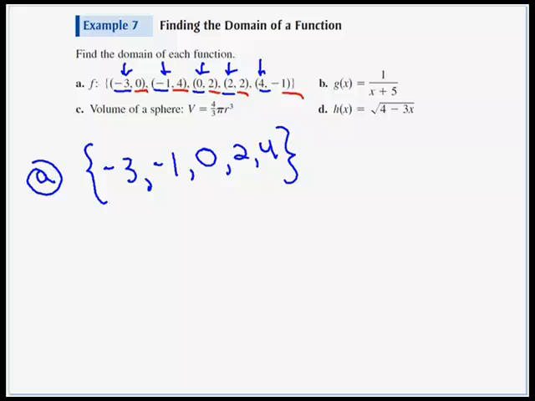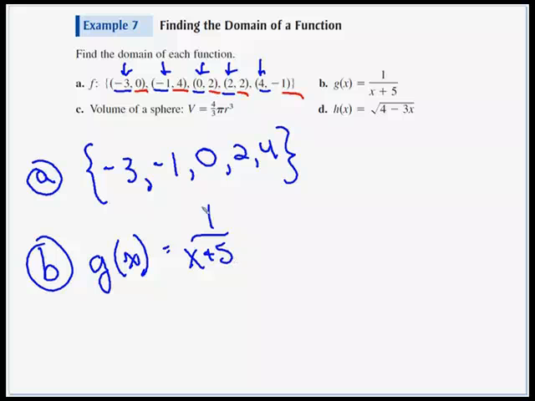All right. Letter B. Our function, g of x, they're calling this one, is 1 over x plus 5. So what is the domain? Or more importantly, what numbers are not in the domain? We have a fraction. Remember, you do not want to divide by 0, so let's set the denominator x plus 5 not equal to 0, because that's what we do not ever want to have happen.